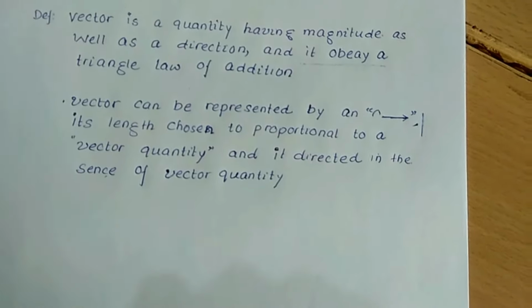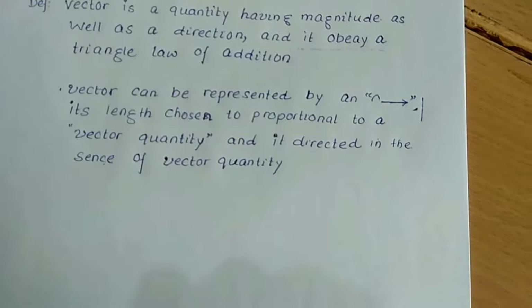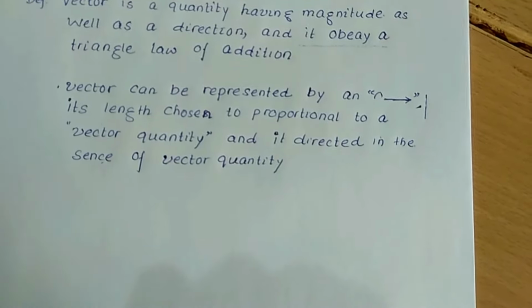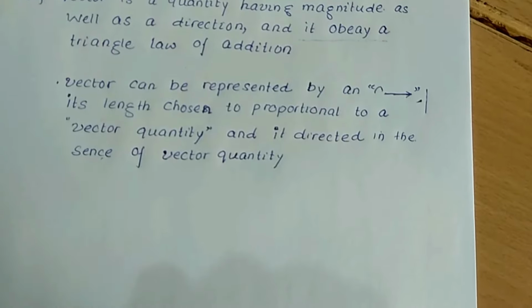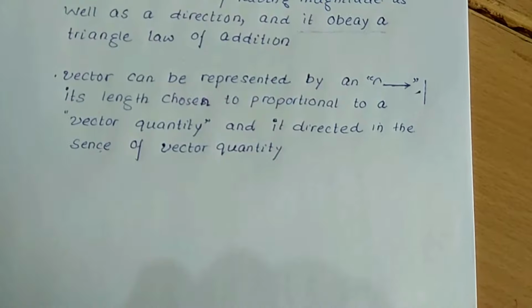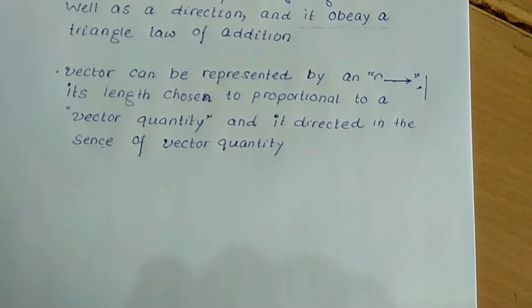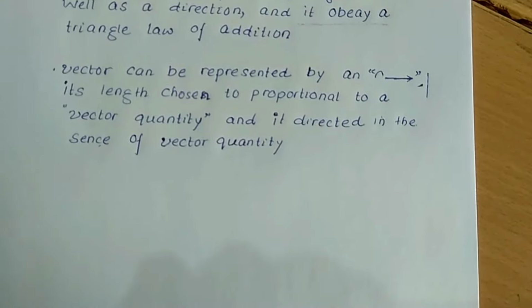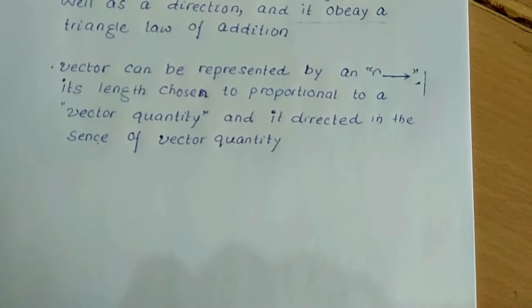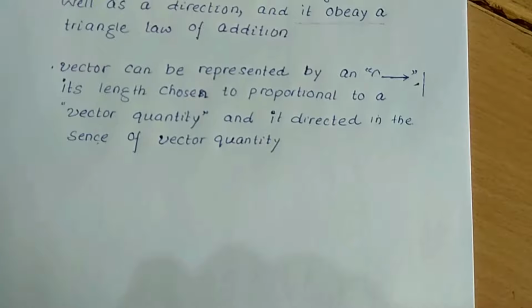Vectors of the same kind can only be added, that is, electric field can be added to electric field, force to force, acceleration to acceleration, but velocity cannot be added to acceleration, or acceleration cannot be added to force. This is the basic.